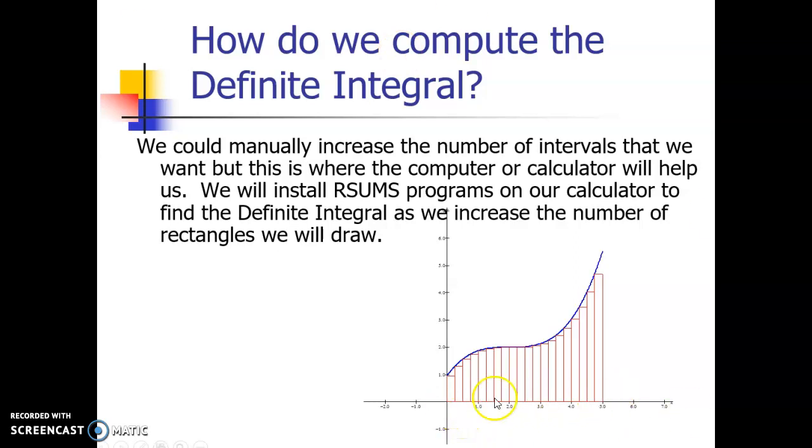By the way, if we looked at this particular curve, this first value would be called t sub 0, then t sub 1, t sub 2, t sub 3, t sub 4, all the way up. This would be t sub n minus 1, and this would be t sub n. Notice I have an LRAM drawn here, and you can see the left corner of each of the rectangles is hitting the curve.